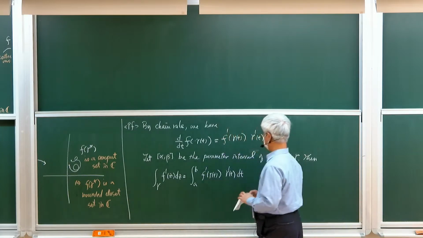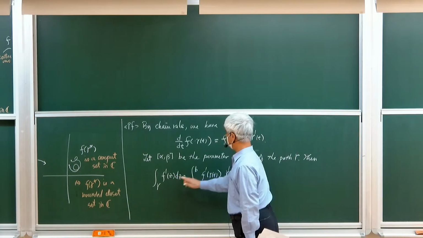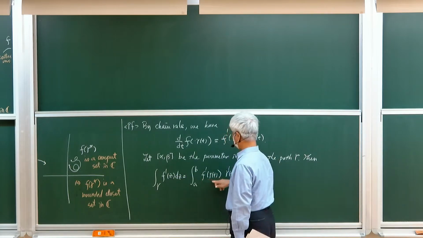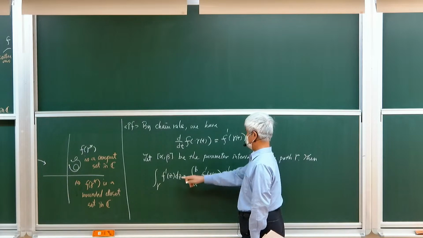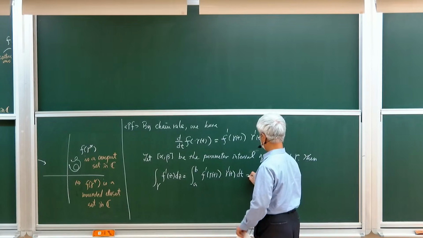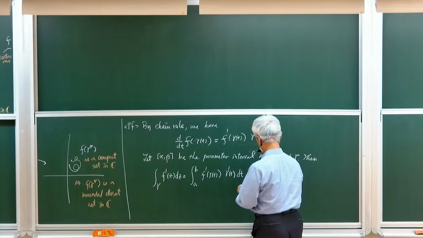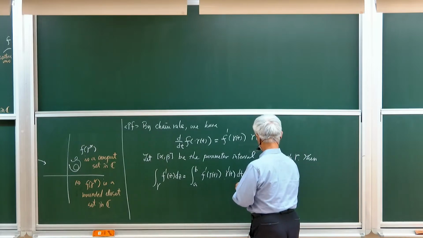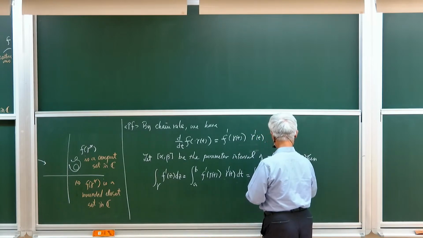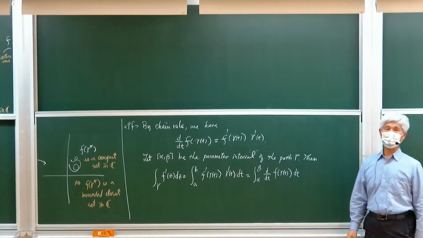You see, this is by substitution, because we are integrating over the path gamma. But as we know from the chain rule, this is actually the integral of d/dt of f of gamma t dt.